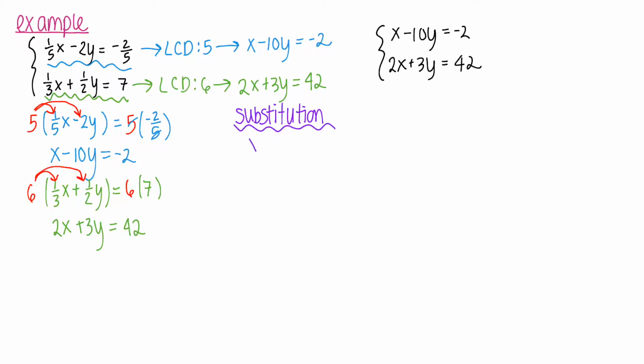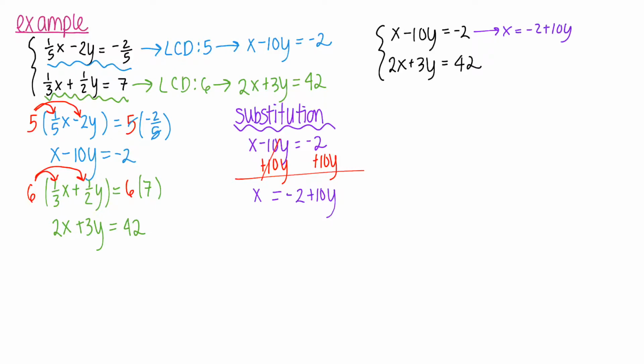looking at that first equation, x minus 10y equal to -2, I can get x by itself by adding 10y on both sides. So we get x is equal to -2 plus 10y. Now I'm going to take this and plug it in for x in this bottom equation.